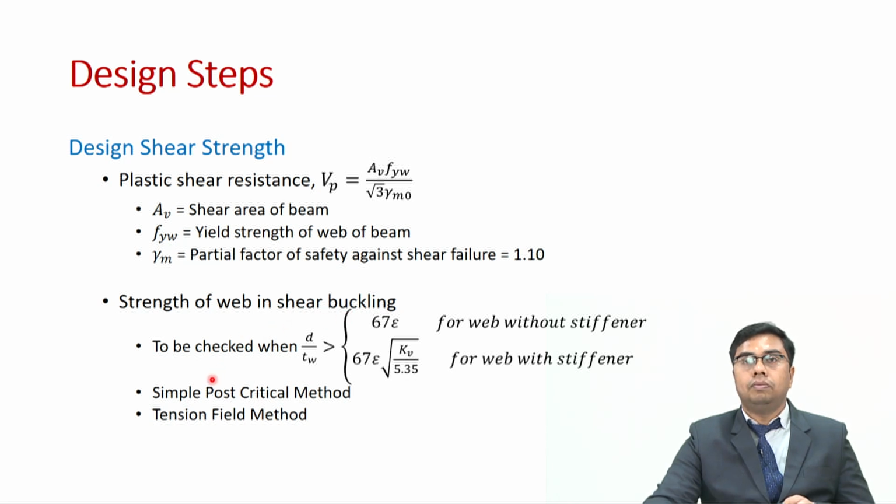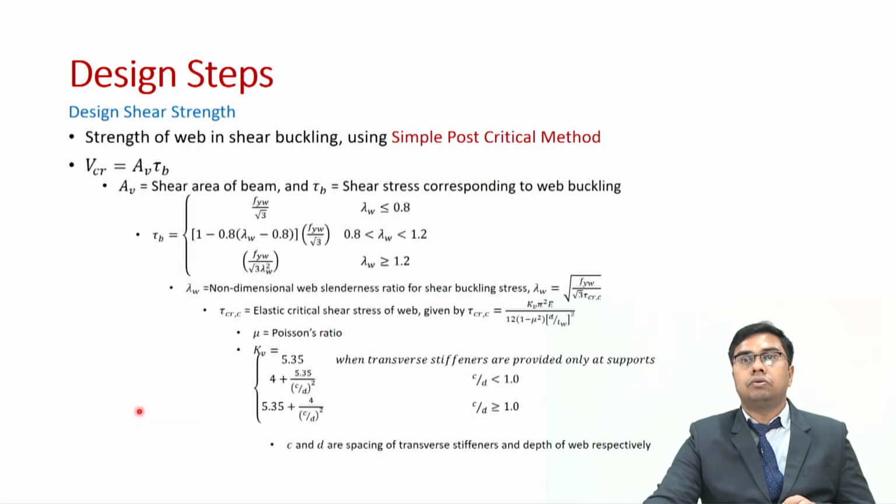For this you will implement two different methods, the simple post critical method or the tension field method. If you look into the simple post critical method, VCR is the strength of web in shear buckling, given by AV times tau b, where AV is the shear area of the beam and tau b is the shear stress corresponding to web buckling, which is given by these equations, which finally depend on the non-dimensional web slenderness ratio for shear buckling stress.